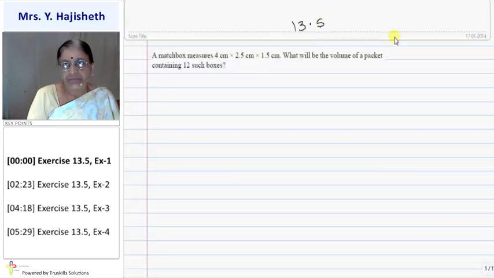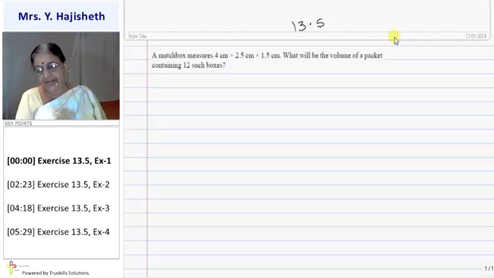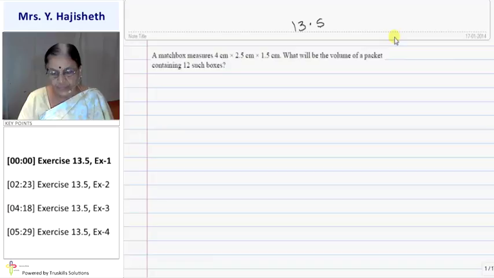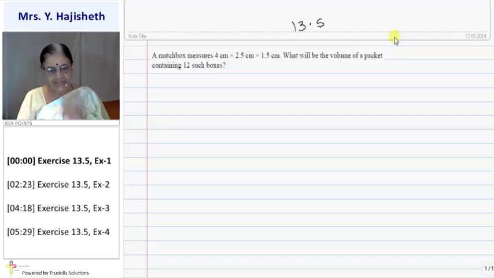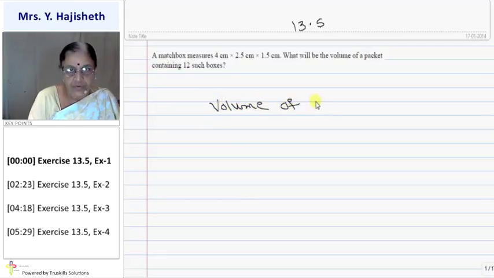Now sum number 1: a matchbox measures 4 cm by 2.5 cm by 1.5 cm. That means length is 4 cm, B is 2.5 cm and H is 1.5 cm. What will be the volume of a packet containing 12 such boxes? First we find out volume of one matchbox.